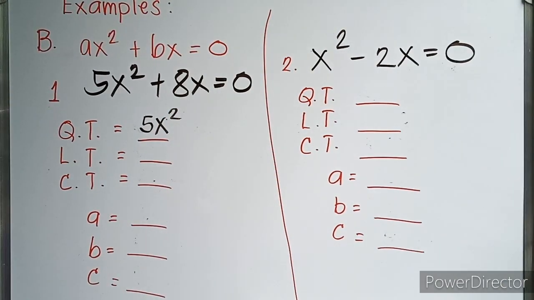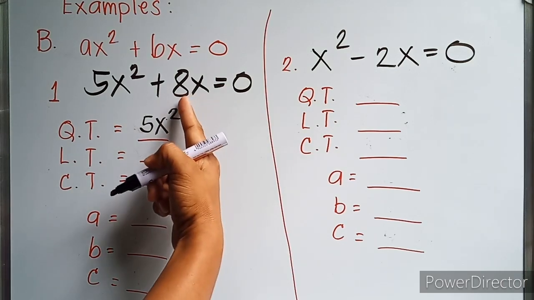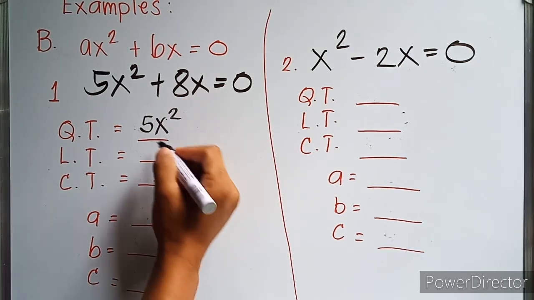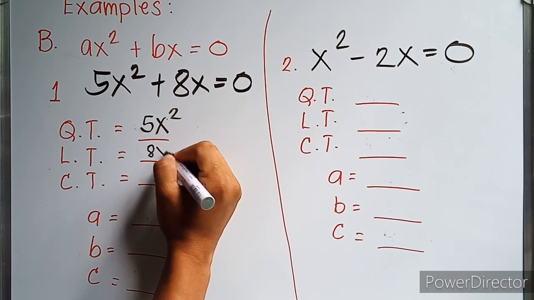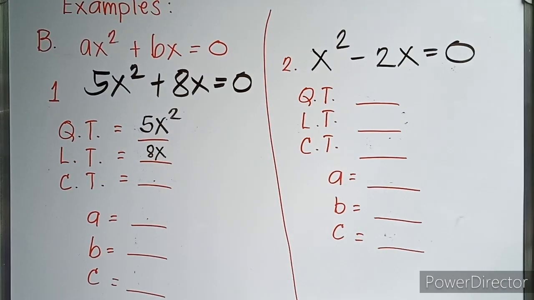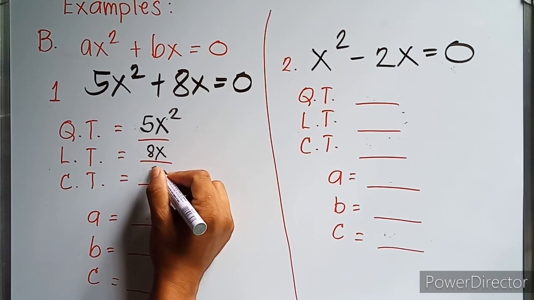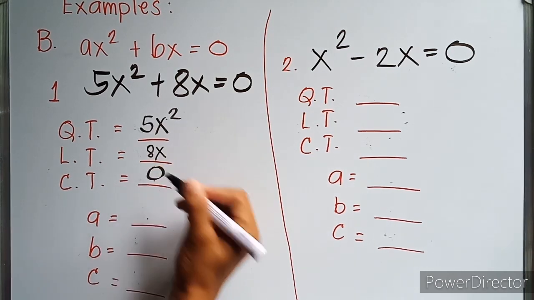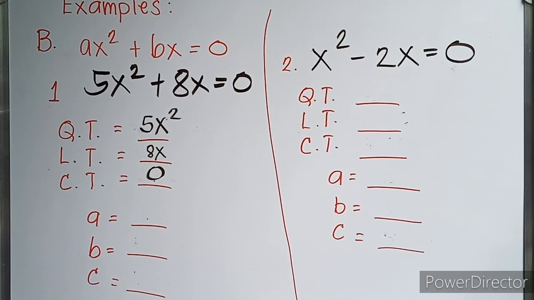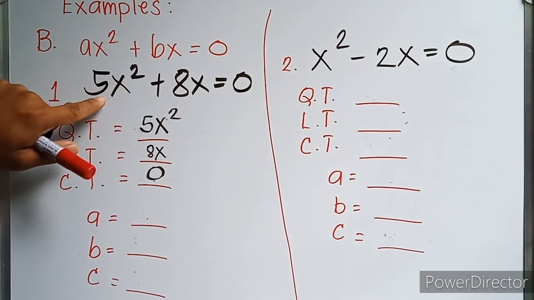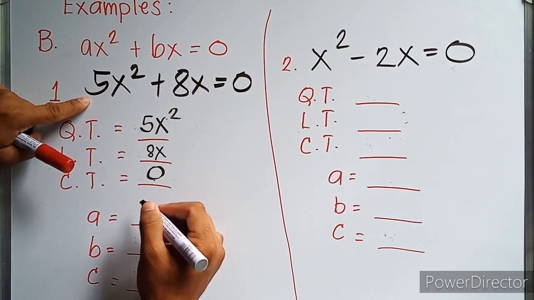Then for our linear term, we have bx, so we have 8x. And for our constant, do we have a constant term here? We don't have a constant term, meaning it is 0. Now for the coefficients, for our quadratic term, 5x squared, this is our a, 5.